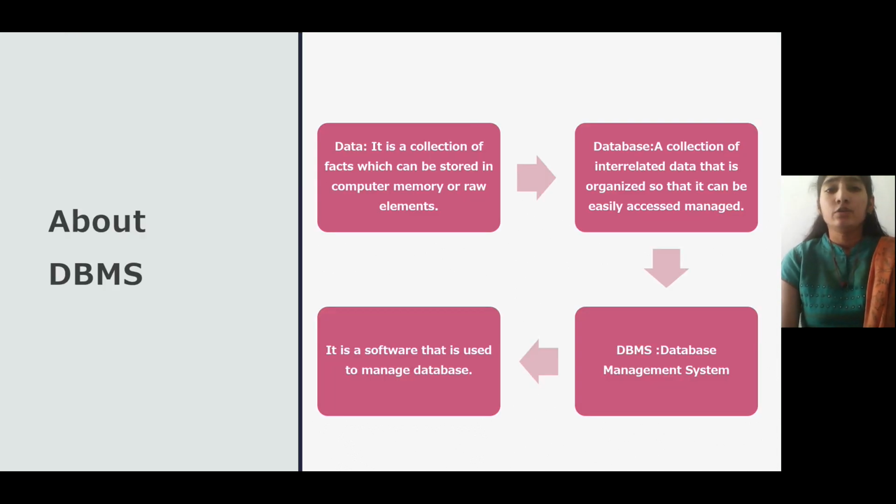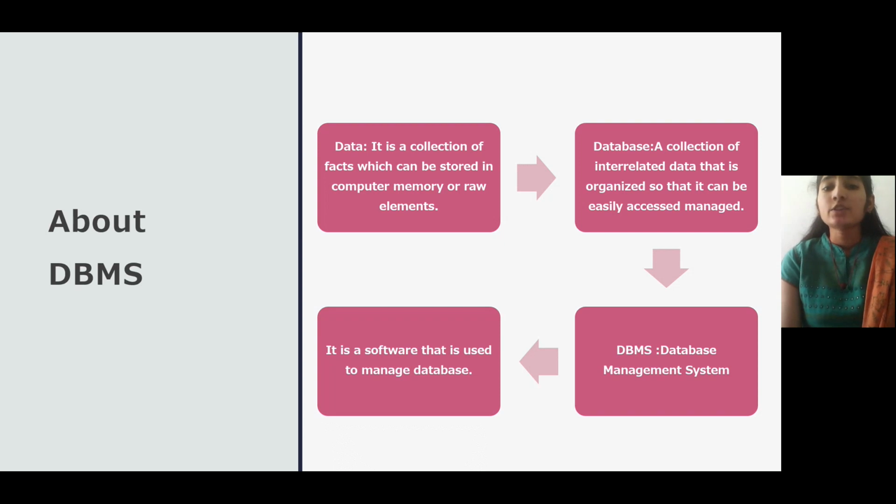To see what DBMS is, let us know about data. What is data? It is a collection of facts which can be stored in computer systems or memory, or we can simply say a collection of raw materials. And the processed data is known as information. Next, what is a database?